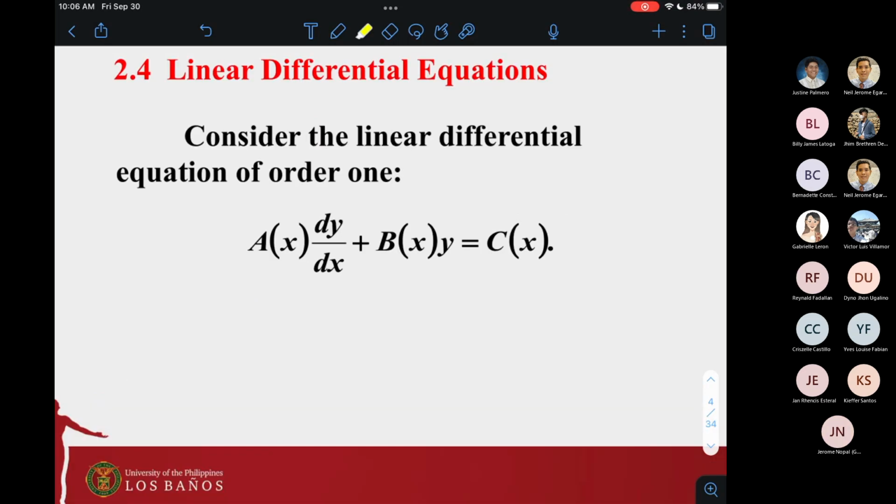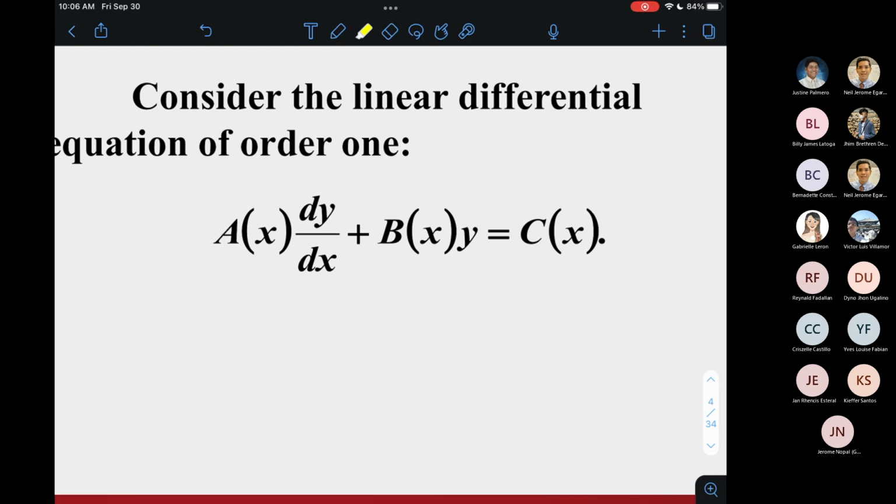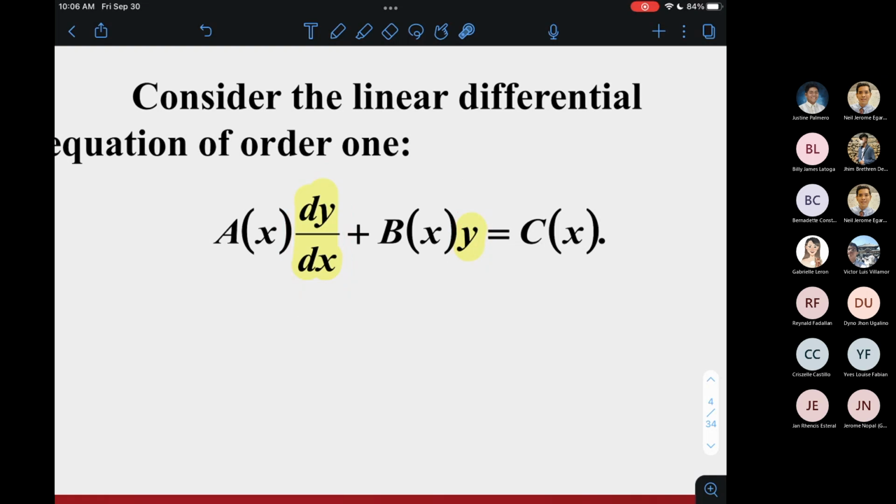So ganito yung itsura ng mga linear ODEs kasi makikita nyo, dy over dx or y prime lang yun nandyan. Tapos si y lang, hindi nagmi-mix yung mga variables na may y. Tapos walang powers si y prime at saka si y. So plain old basic linear function in the variables y and y prime lamang yung ating right-hand side.